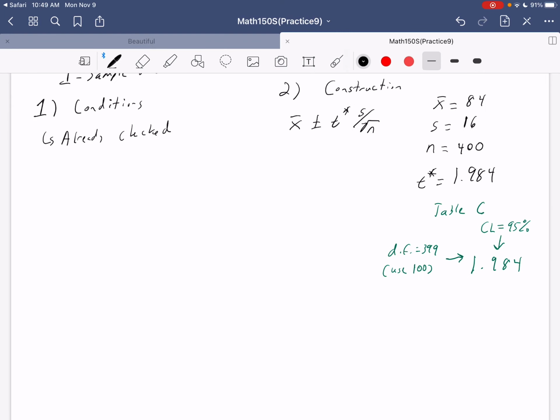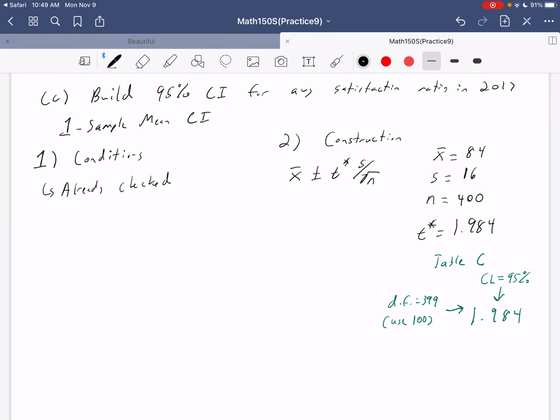All right, let's plug that stuff in then and actually figure out what this interval looks like. So 84 plus or minus 1.984, 16 over the square root of 400. Let's go ahead and get this margin of error first. So 1.984 times 16 divided by the square root of 400.